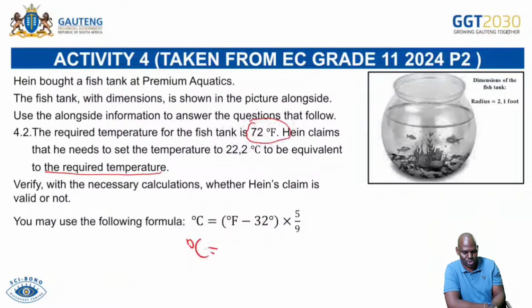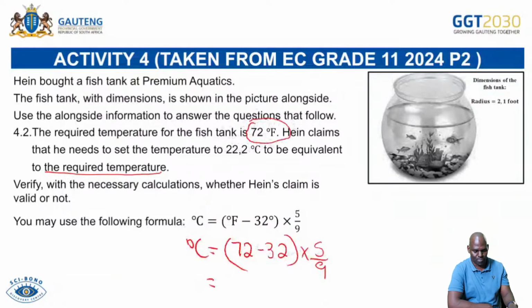Now let's do the substitution. I get 72 minus 32 in brackets, multiplied by 5/9. Then we simplify 72 minus 32, that is 40.